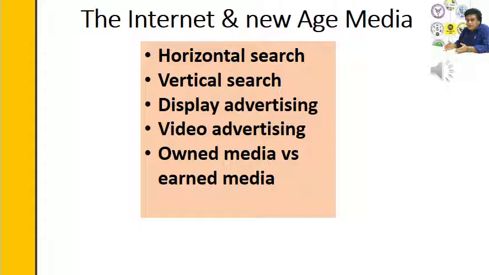There are websites which deal with horizontal search, websites which deal with vertical search. There are display advertising options and video advertisements available on the internet. Also, there are various new things like LinkedIn and Facebook vehicles which are available for advertising.